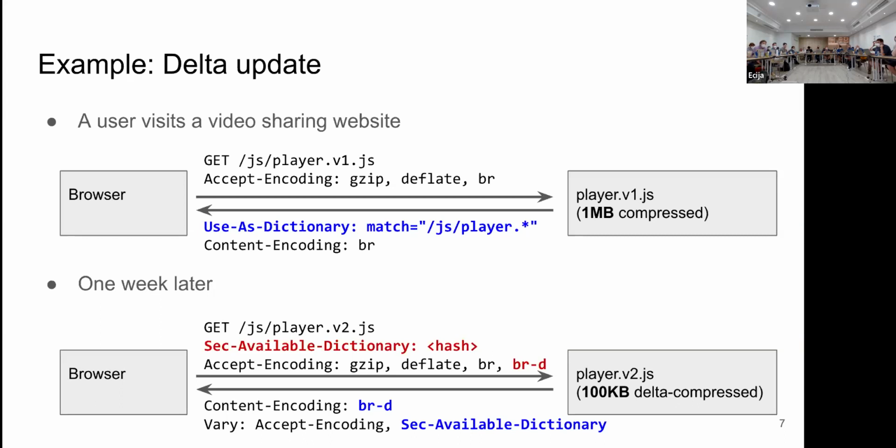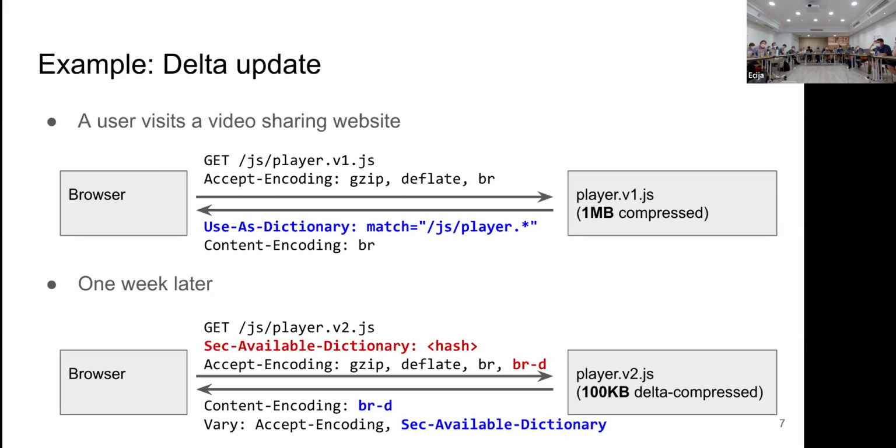One week later, the user comes back. The player has been updated. The browser fetches player v2.js. The browser will set the Available-Dictionary header with the hash of the dictionary, because the dictionary is still in the browser's cache.